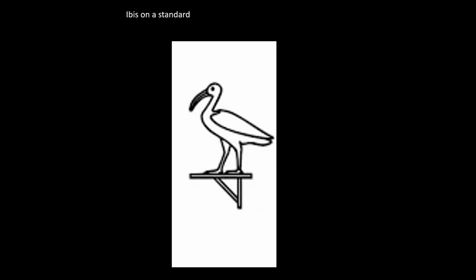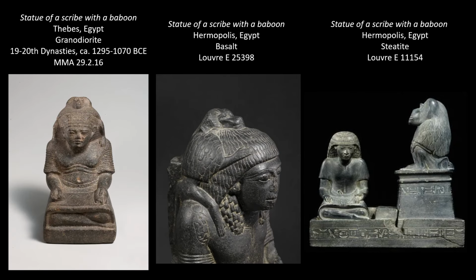Furthermore, hymns to Thoth, which petitioned the god to allow one to be skilled in writing and reading, describe him as the splendid ibis. Yet interestingly, in New Kingdom scribal statuary, we see that the scribe is shown embraced by or next to a baboon instead of an ibis.